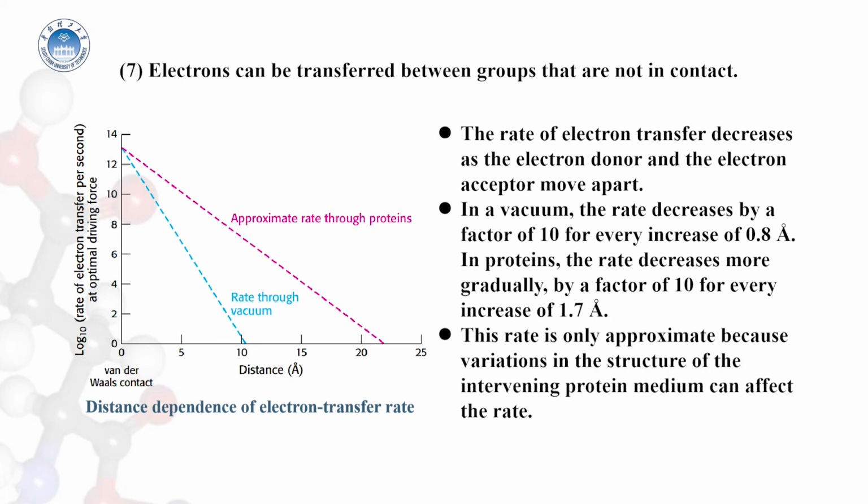The case is more complicated when electrons must be transferred between two distinct proteins, such as when cytochrome c accepts electrons from complex 3 or passes them on to complex 4.